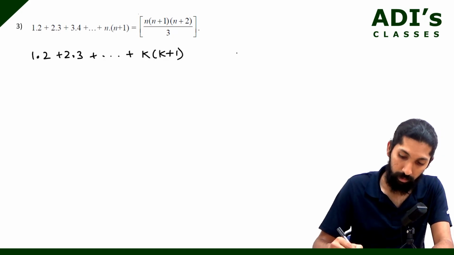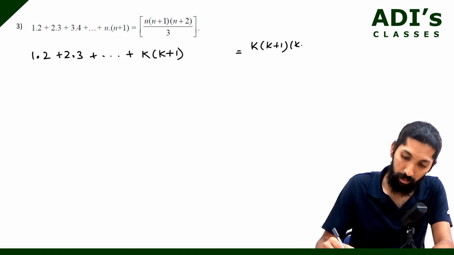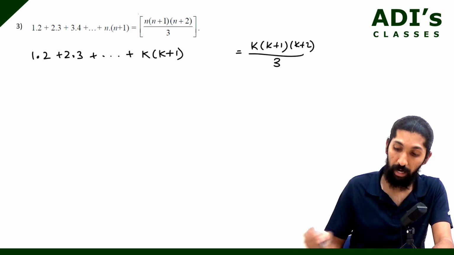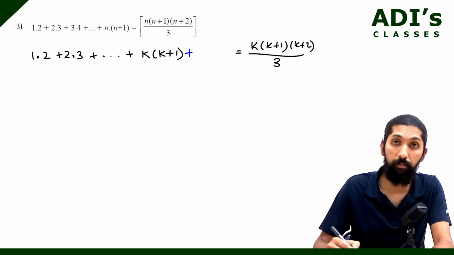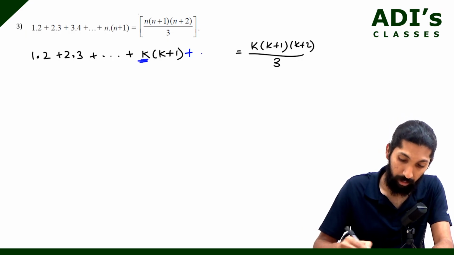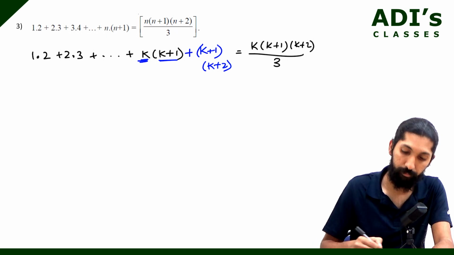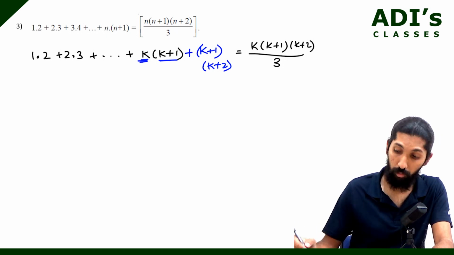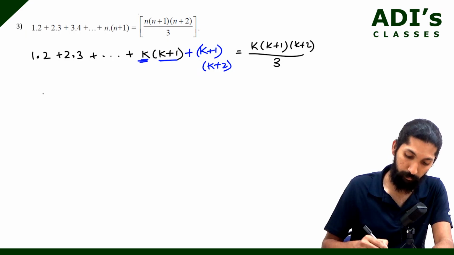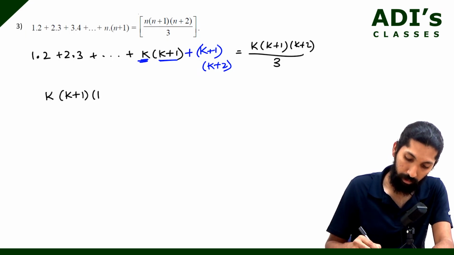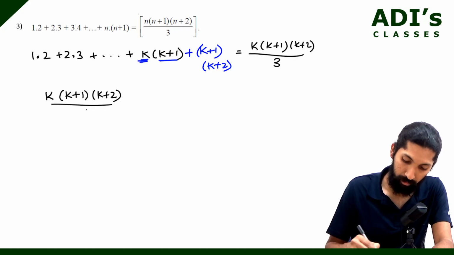This value is nothing but k into k plus 1 into k plus 2 divided by 3. So we are adding the next term, isn't it? For k, the next term will be k plus 1. For k plus 1, it's going to become k plus 2. Correct?